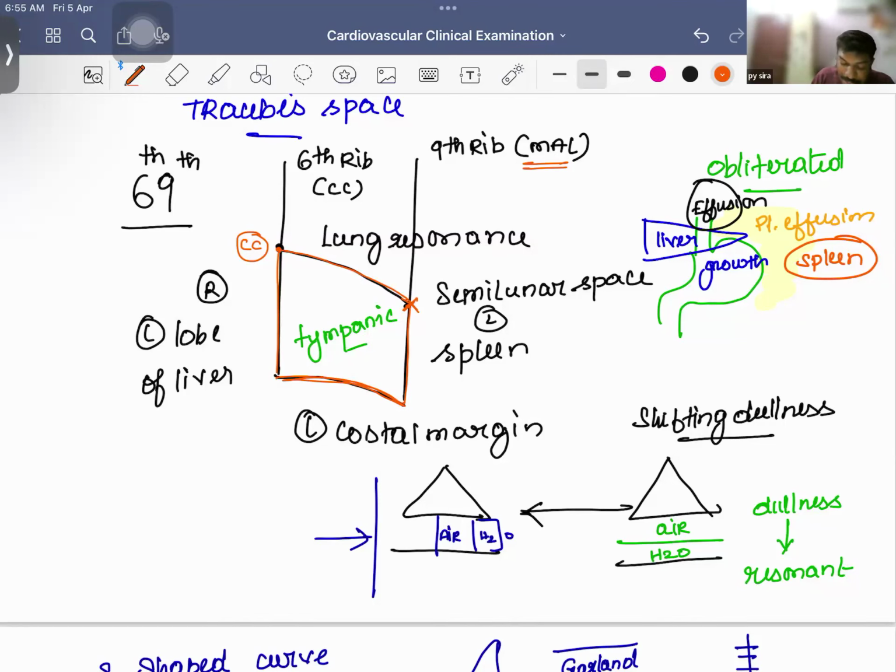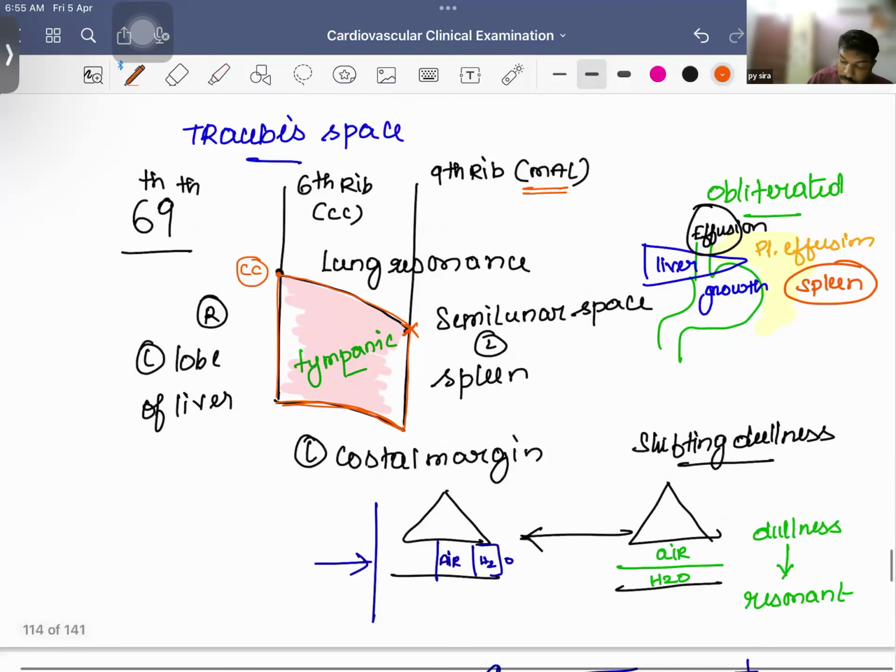When you join them, you get one area like this. This area is usually tympanic. What do they mean by tympanic? Tympanic means there is a hollow viscus below, and this hollow viscus is the stomach. Whenever this hollow viscus is obliterated or covered by some solid tissue, there is going to be obliteration of the drop space. So where will your drop space get obliterated?